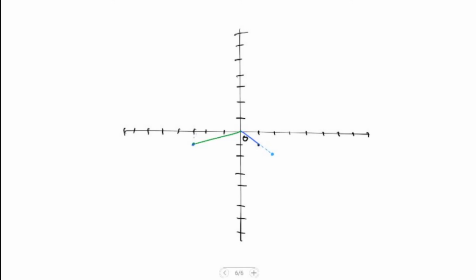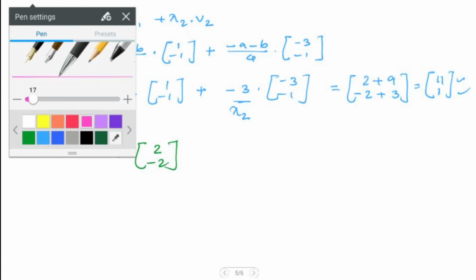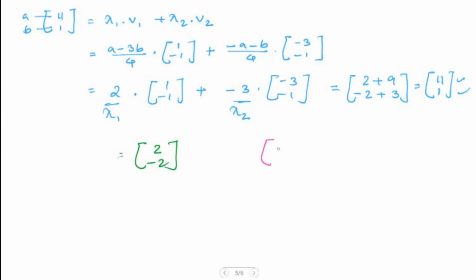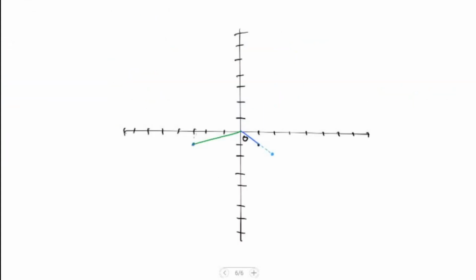Okay, that's your (2, -2). And then we have the extension for the other vector, which is the vector (9, 3), an extension of 3 times (-3, -1). We need 9 one more value here, and then we have here 3.